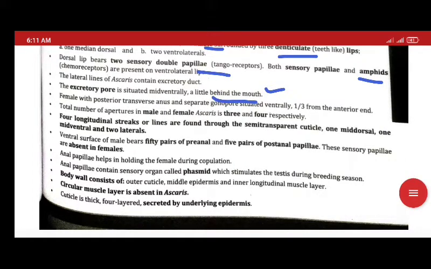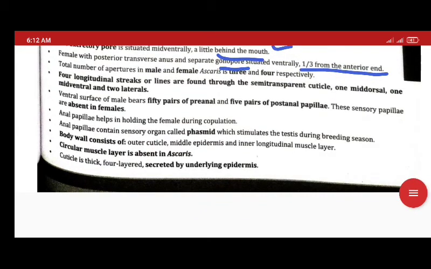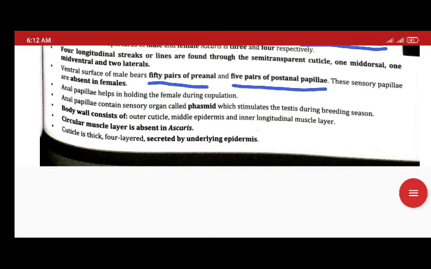Now female possesses separate anus and gonopore. Gonopore is ventral and at 1/3 of the anterior body. Now, 4 longitudinal lines are found. Now, ventral of male contains 50 pre-anal and 5 post-anal papillae. Now, anal is called phasmid, it is sensory.